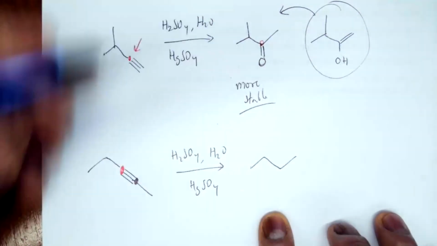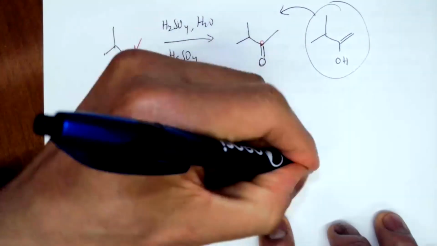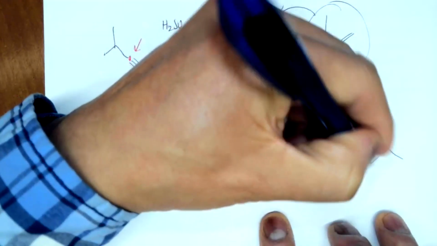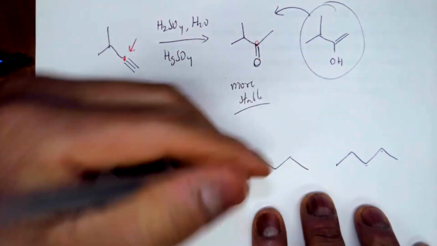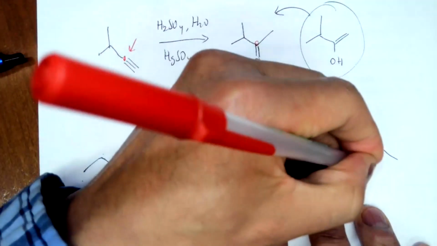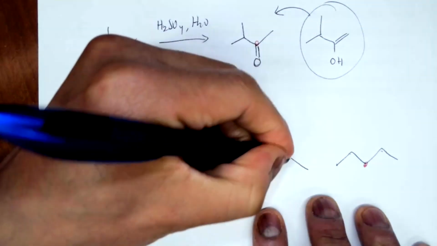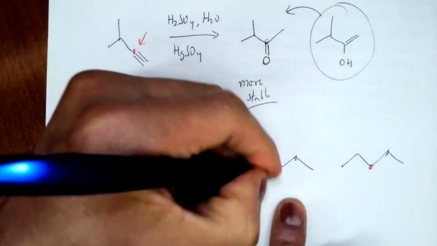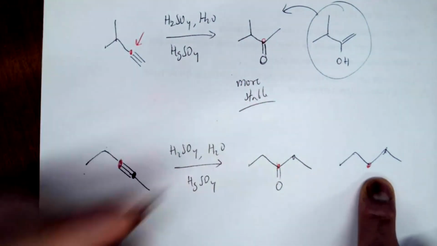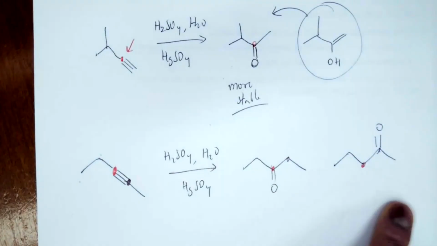You will get one on the red dot, and another one on the black dot. You will get two products here.